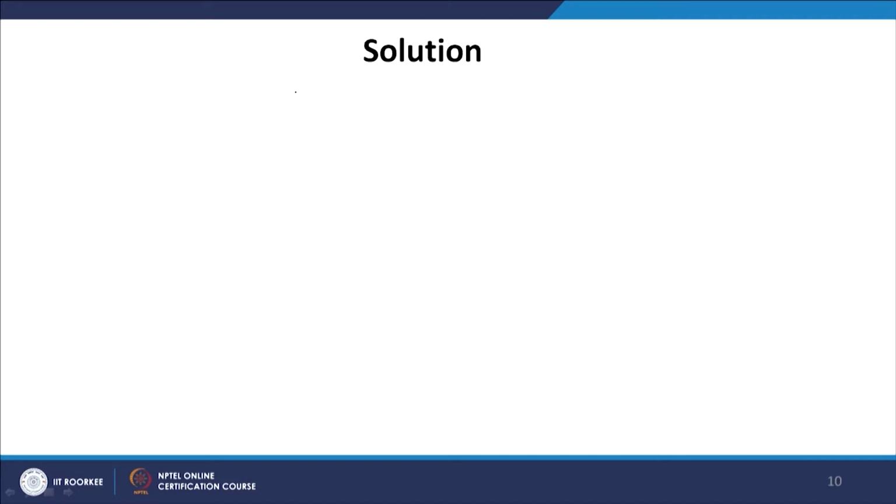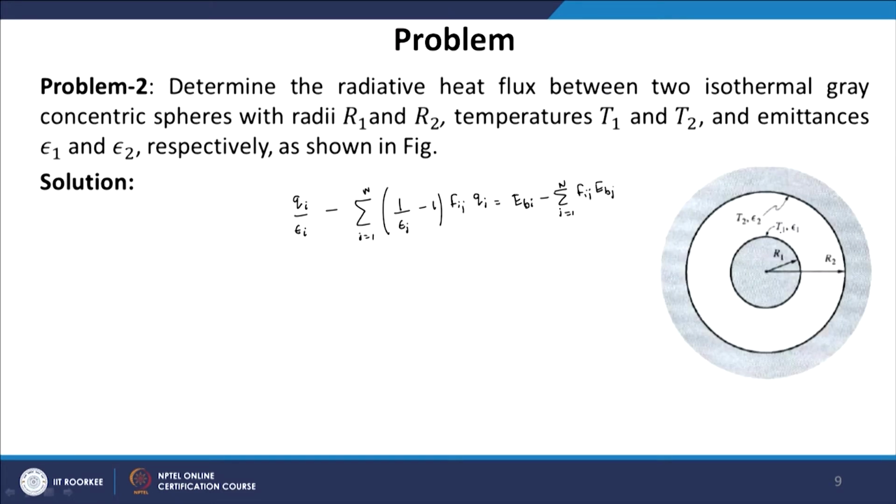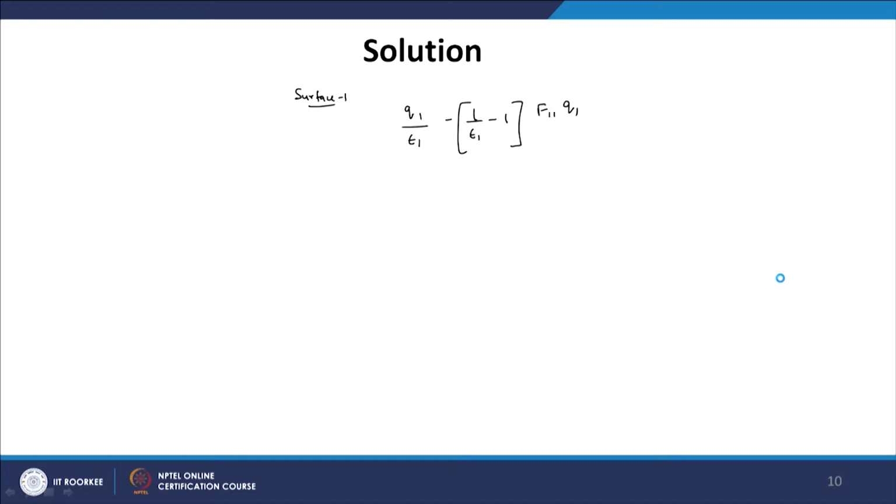Okay. So, for surface 1, that is the inner sphere, we write q 1 over epsilon 1 minus (1 over epsilon 1 minus 1) F 1 1 q 1. Here F 1 1 is it going to be 0? We will see. It is a convex surface.